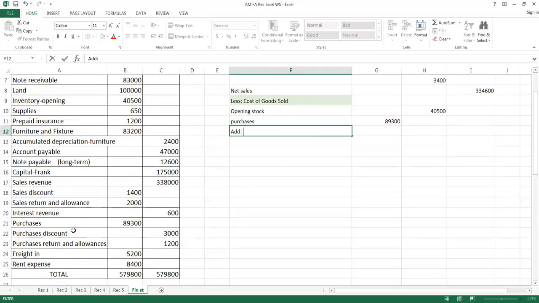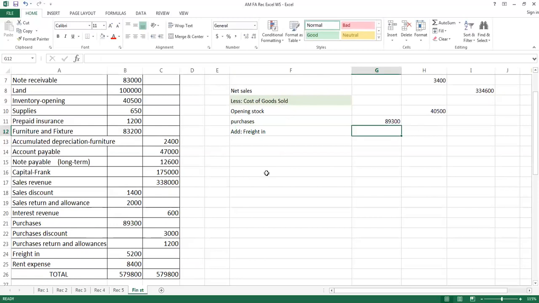Right now in your question, it is given by the title of freight in. This freight or transportation, whatever given, will be added here. And the amount is 5,200.